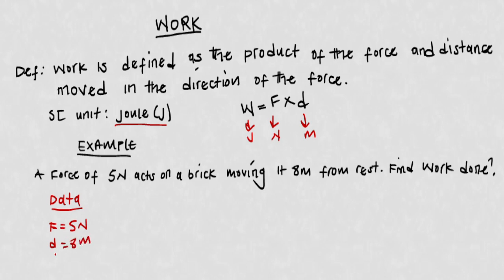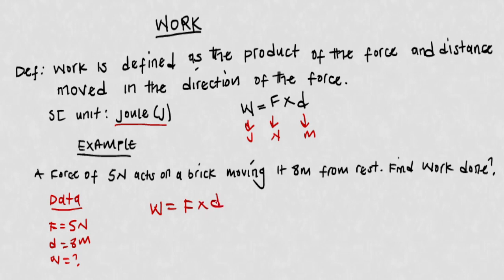Alright, then work we don't have. When there is work, we put a question mark. Therefore, how can we find work? To find work, I'm going to say work is equal to the force multiplied by the distance.